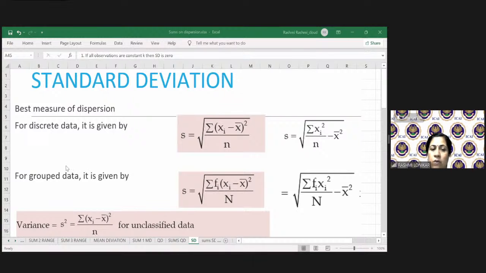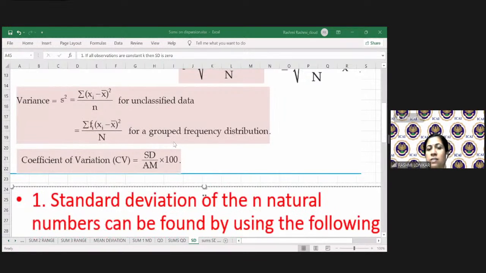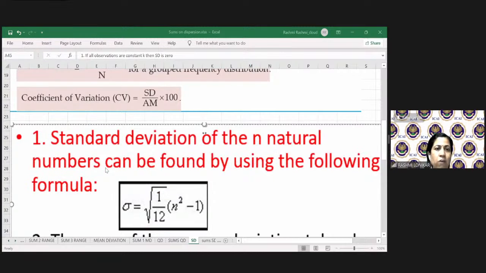Okay. Now for group data, that will be summation f into x minus x bar whole square. Then here variance is square of the standard deviation. Coefficient of variation is standard deviation upon arithmetic mean. For n natural numbers, you have a special formula: sigma is equal to square root of 1 by 12 n square minus 1.